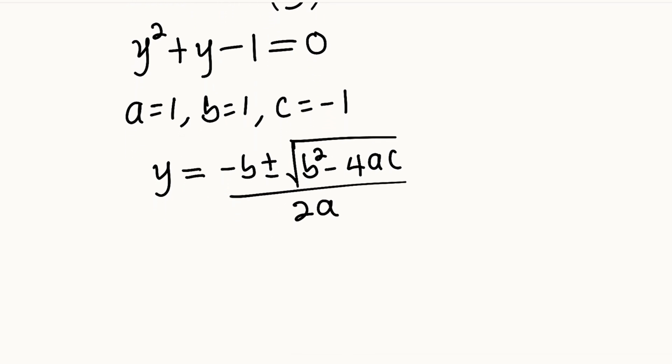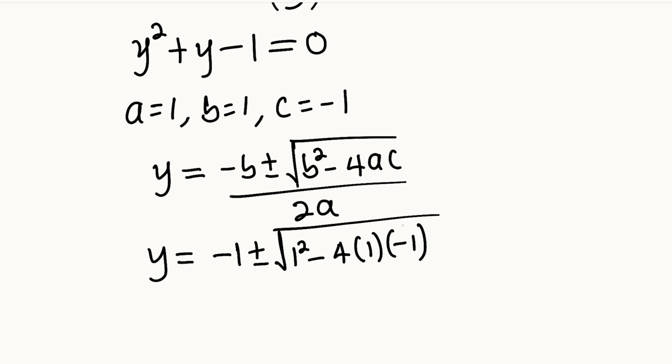Now let us substitute here. y will be equal to negative b. b is 1, so we have -1 plus or minus the square root of b squared, which is 1 squared, minus 4 multiplied by a, which is 1, multiplied by c, which is -1, all divided by 2 multiplied by a, but a is 1.